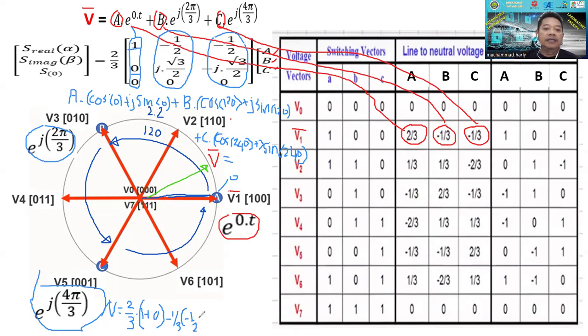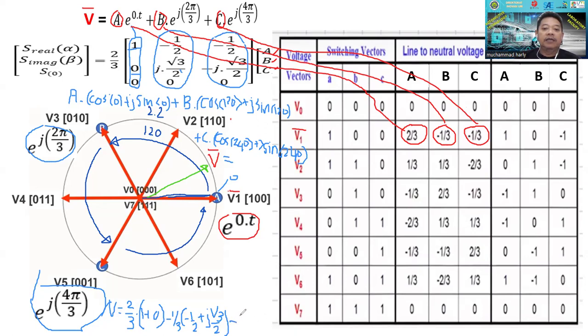And plus j square root of 3 over 2. And the last one, C is minus 1/3.